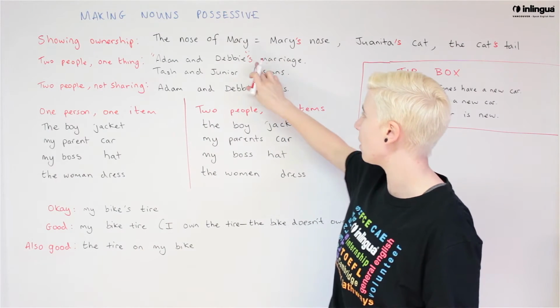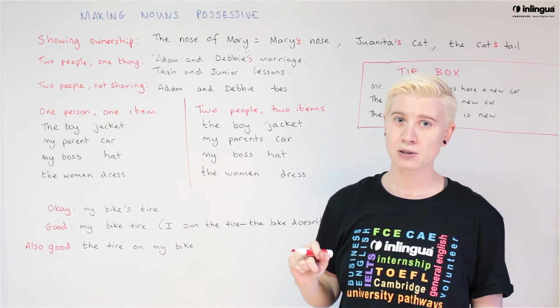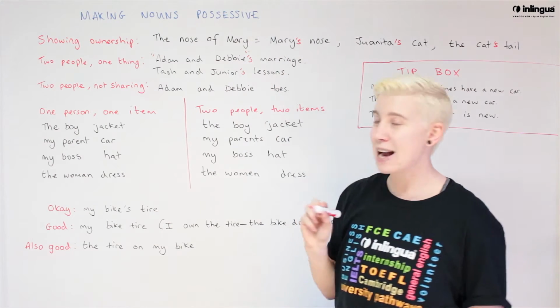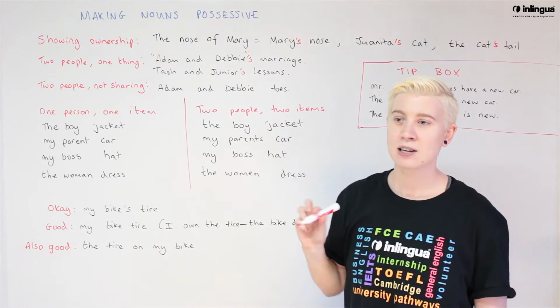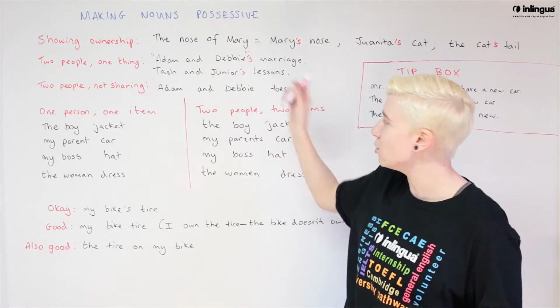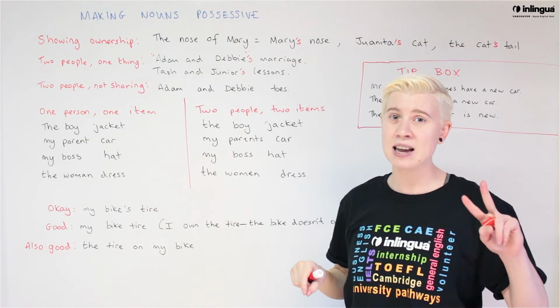The marriage belongs to both of them. They share this marriage. Tash and Junior's lessons. These lessons are made by me and Junior. So they are Tash and Junior's lessons. Just apostrophe S on the second name.